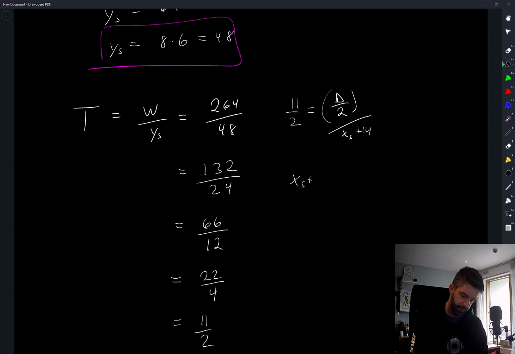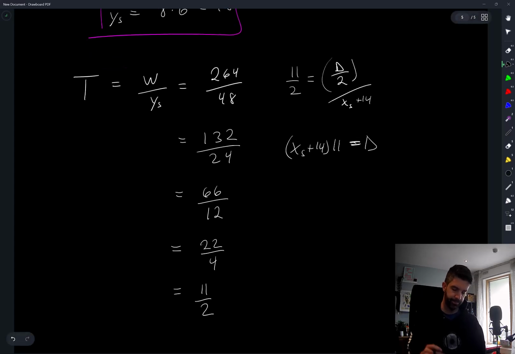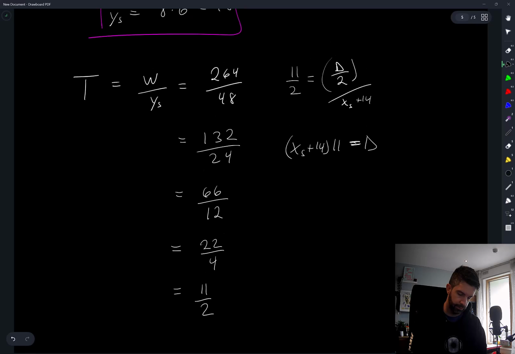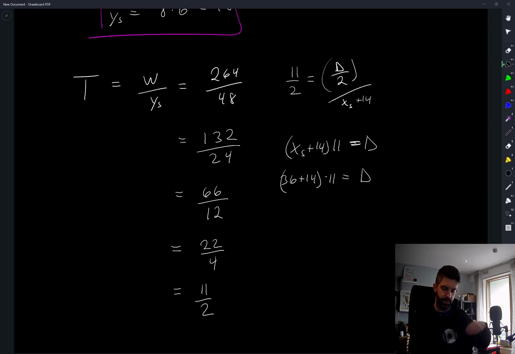So xs plus 14 times 11 is equal to this distance d. xs is 36. 36 plus 14, is that just 50? So 550 is the distance d.